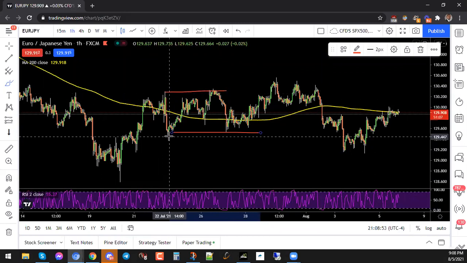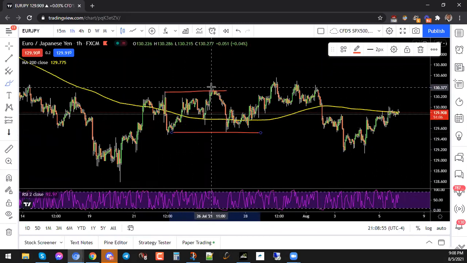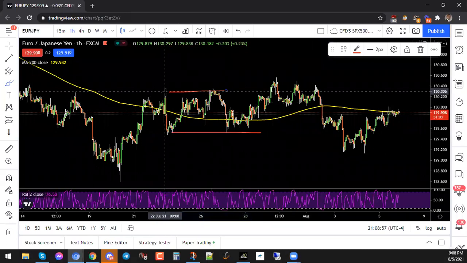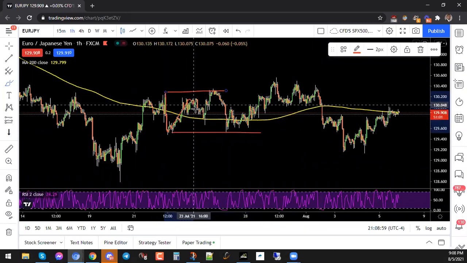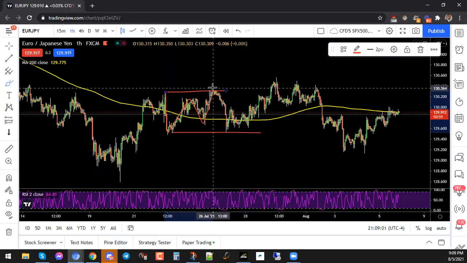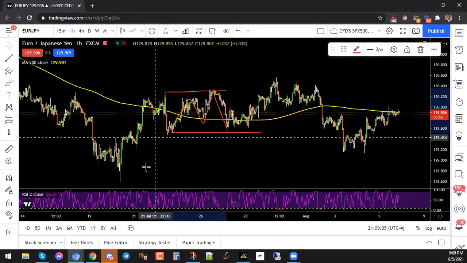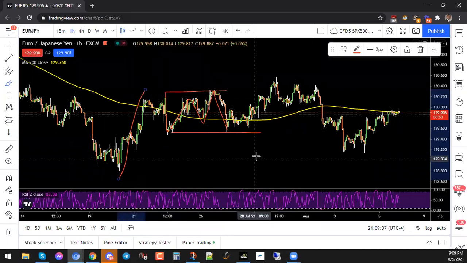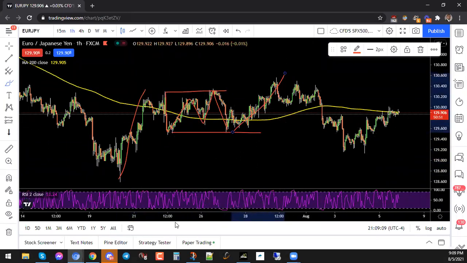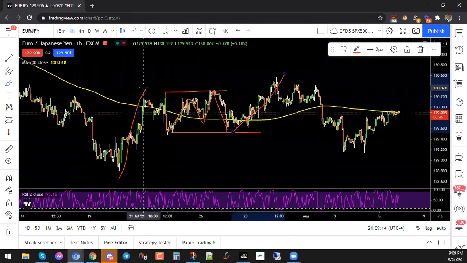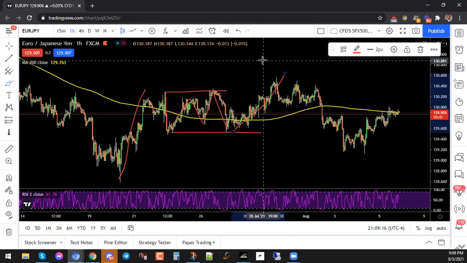I got an impulse. I got 1, 2, 3. I got another impulse. So as you can see here, impulse, 1, 2, 3, impulse. And this makes a flat pattern formation, right? So then this wave would need to repeat itself over here, as you can see. Now, this would make a 3-wave pattern as well.